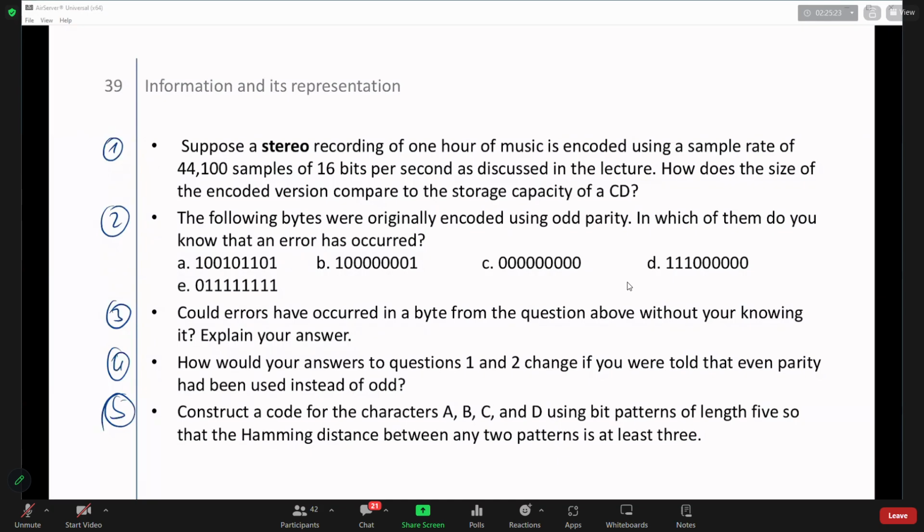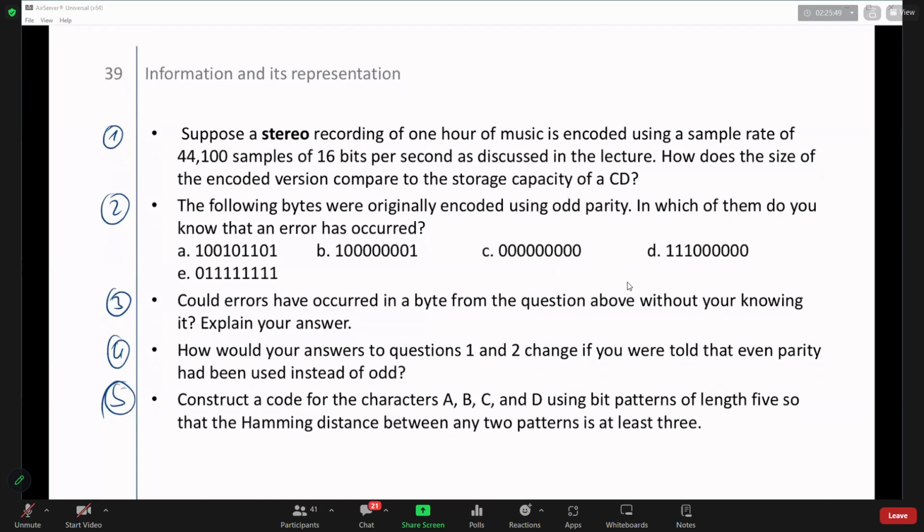But if we have more than one error during the transmission, then it can be that even 2 bits are manipulated from 0 to 1, and then we would have again an odd number of ones, so an odd parity by that. So it is possible that there are errors in the byte that you are not knowing about. Is that clear?